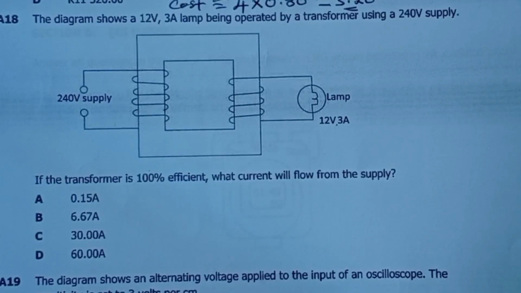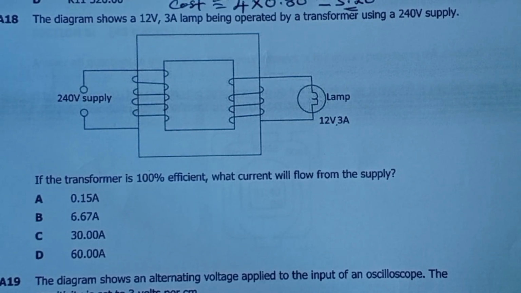Number 18. The diagram shows a 12 volts 3 amps lamp being operated by a transformer using a 240 volt supply. So the question is, if the transformer is 100% efficient, what current will flow from the supply?